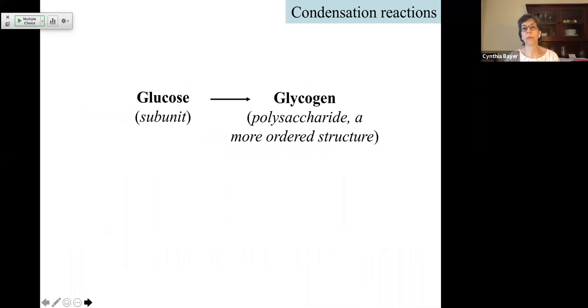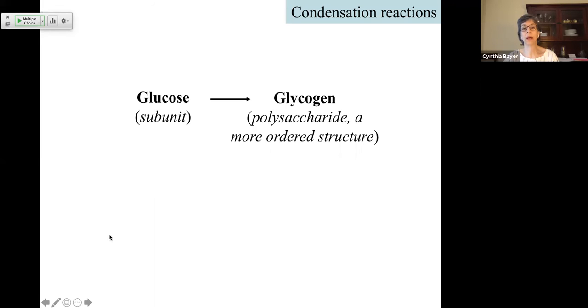And one type of macromolecule in our cells is glycogen, a polysaccharide, a polymer of sugar subunits. The subunits are glucose molecules. So this reaction of building glycogen, this higher ordered, higher energy molecule, is going to require energy.